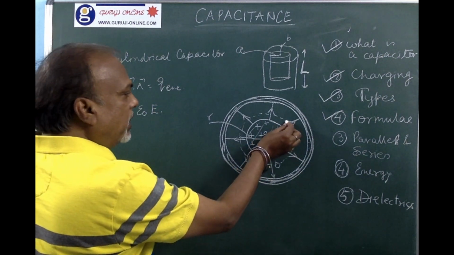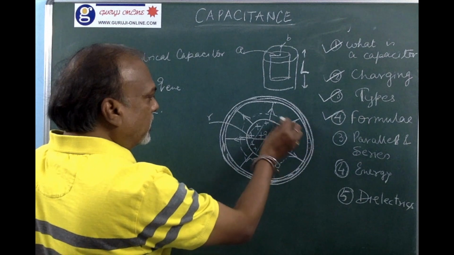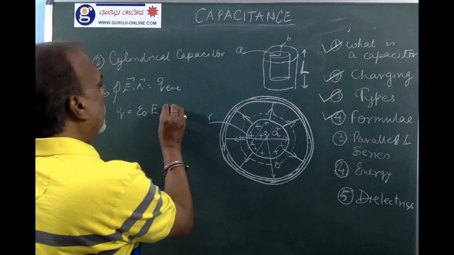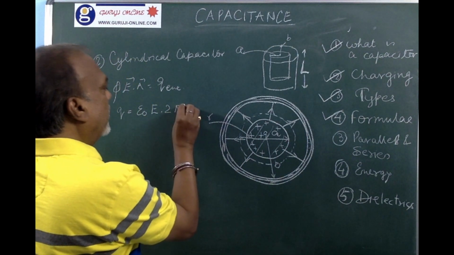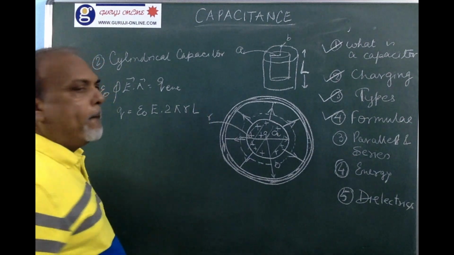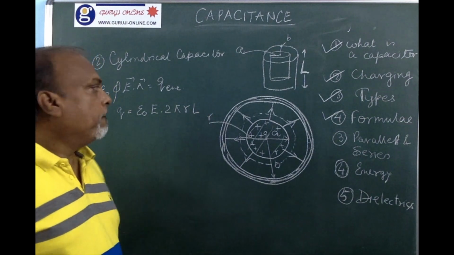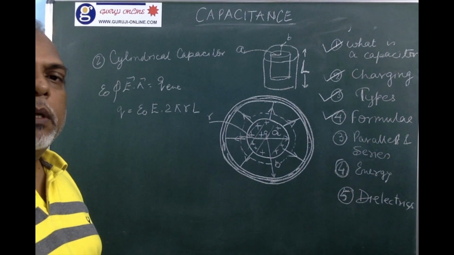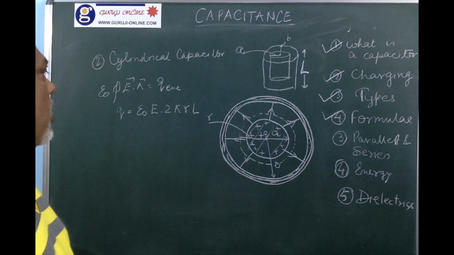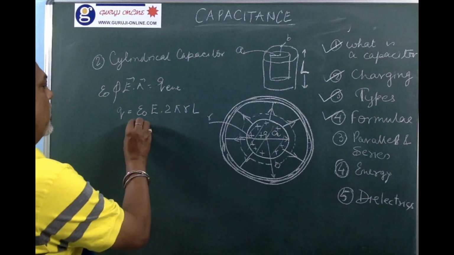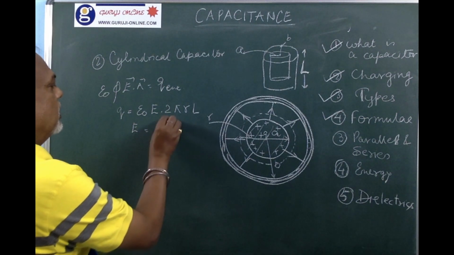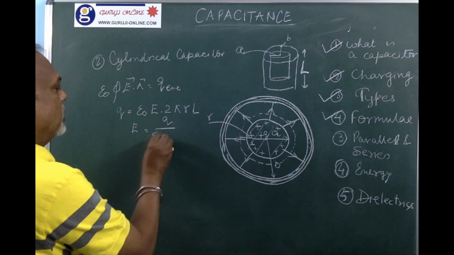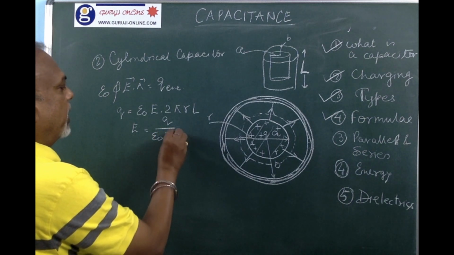The area will be the surface area of the Gaussian cylinder, meaning 2 pi r L. I hope there is no problem in this. Or E will be nothing but Q upon epsilon 0 2 pi r L.